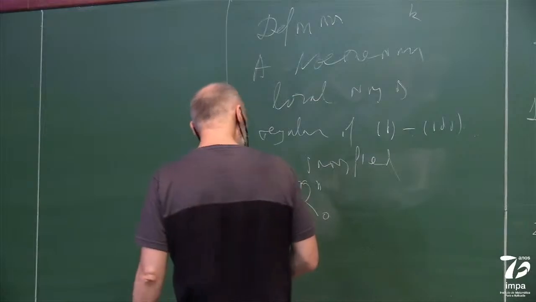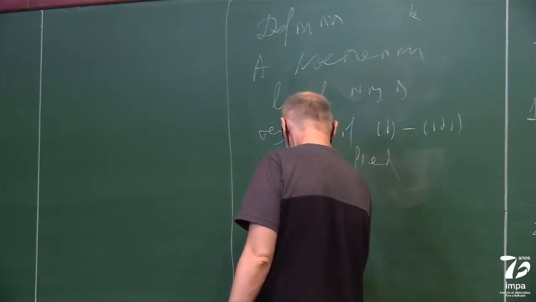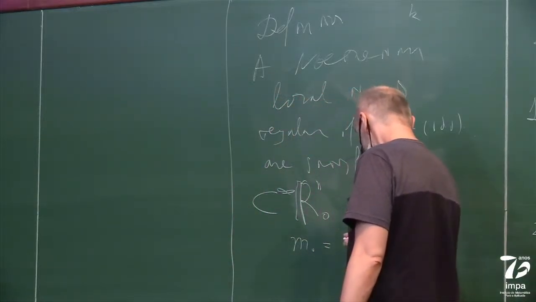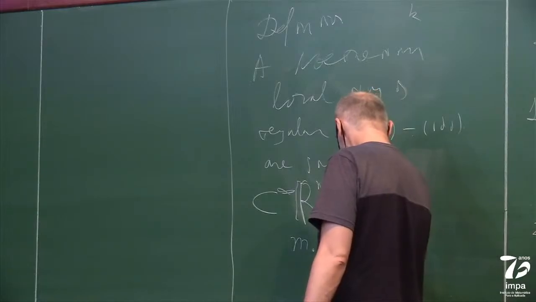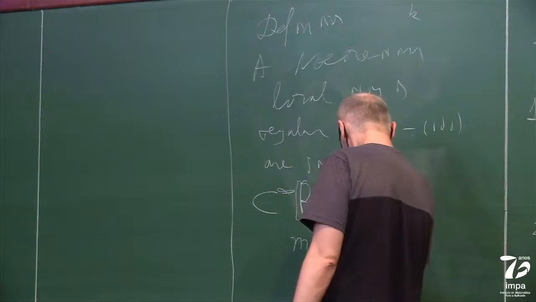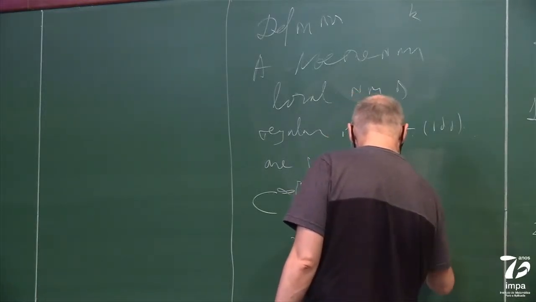And then you can check that this maximal ideal of 0 of this ring is in fact generated by coordinate functions, T1, ..., Tn.